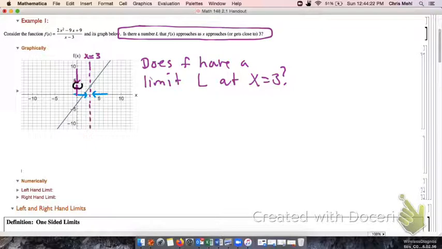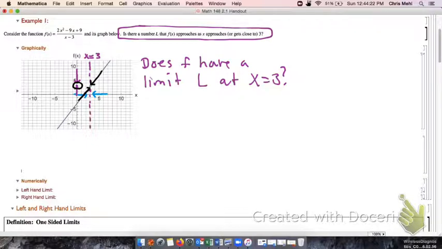If we focus on this y-coordinate right here, you can also see this on the graph. If you just follow the graph on both sides, the graphs are both approaching the same point, and that point has a y-coordinate of positive 3.